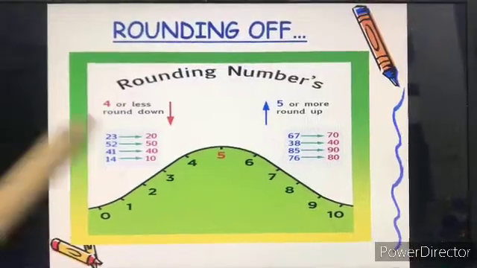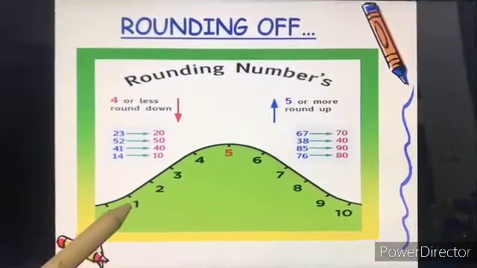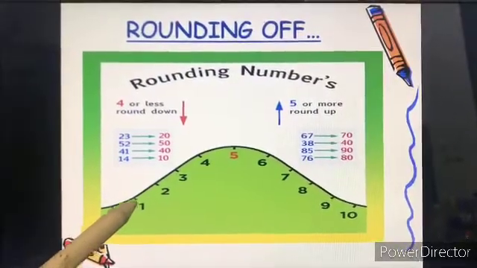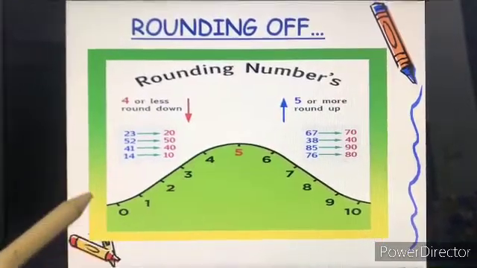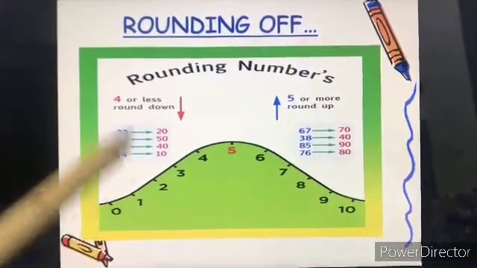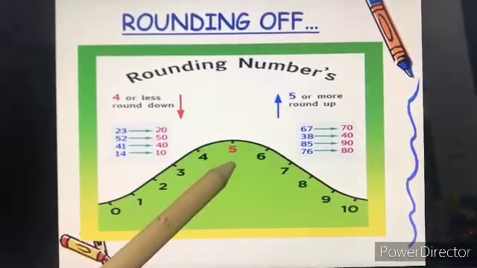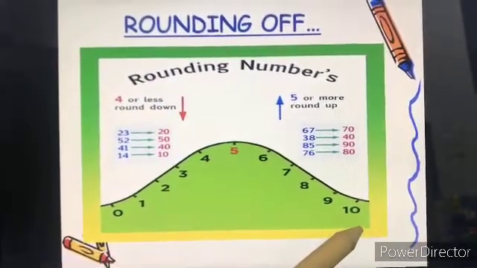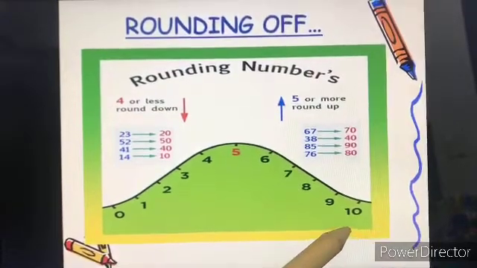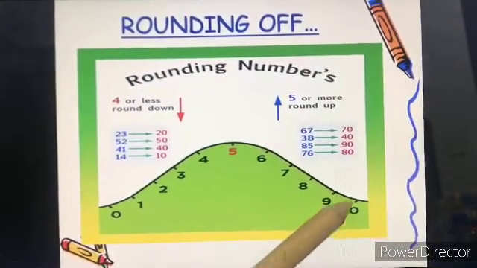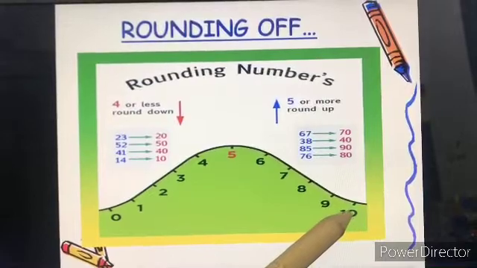Exactly. When the digit is less than 5, we will not add anything. We will remain on the same number and round off there. But if the digit is 5 or more than 5, then we will add 1 to that number to round off.